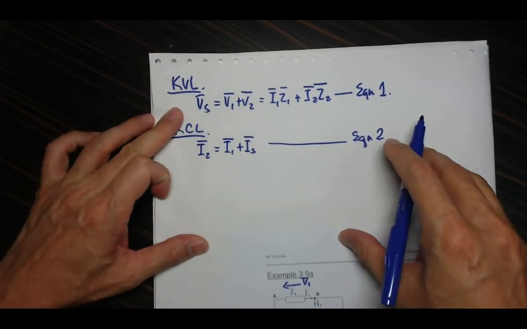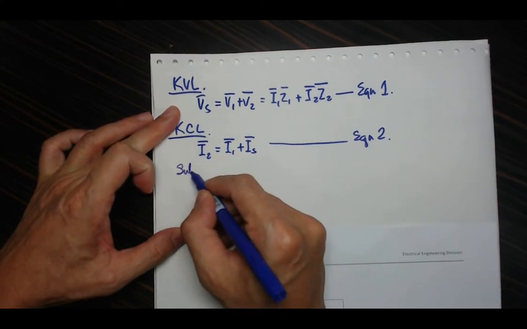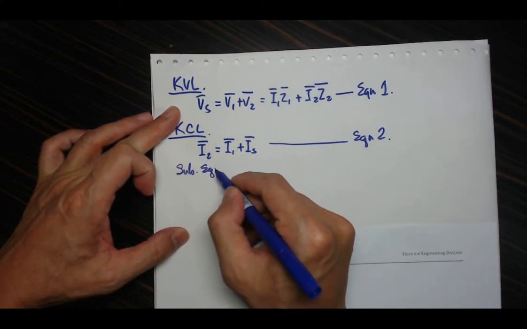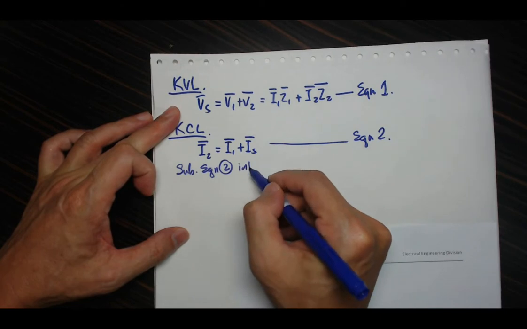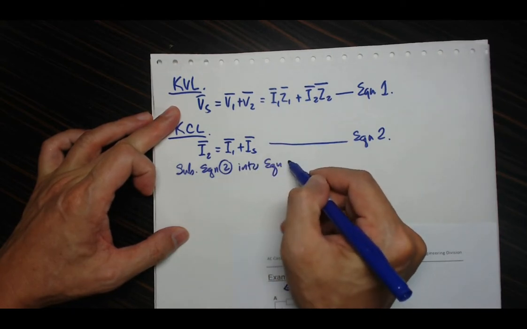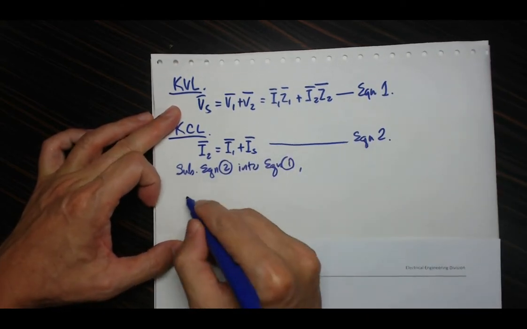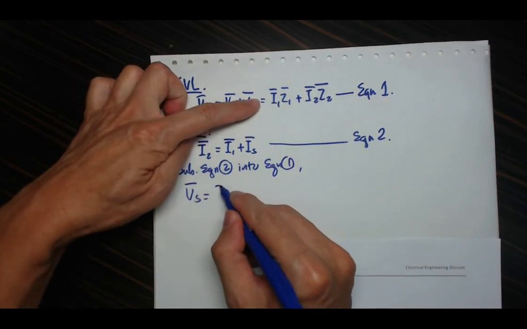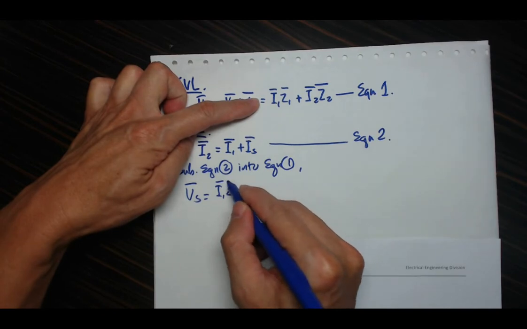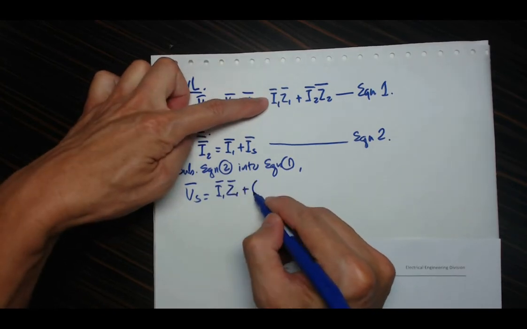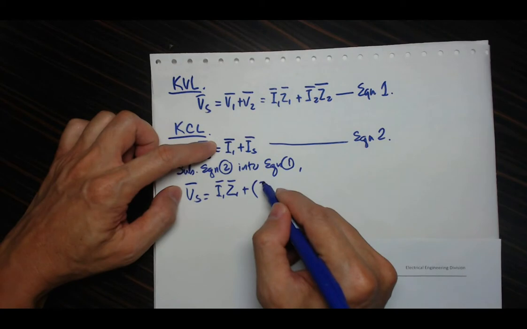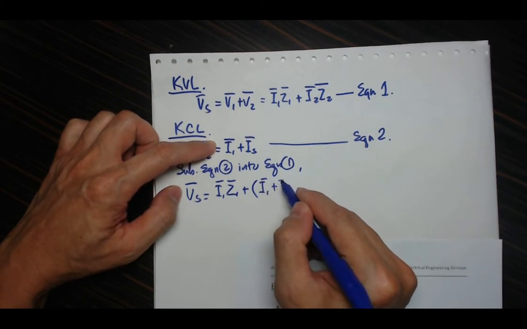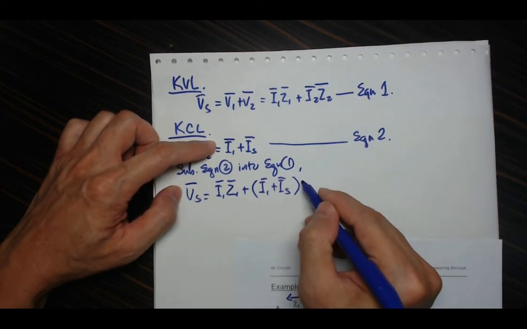So let's do that. That means substitute equation 2 into equation 1. I will have Vs equals I1 Z1 plus, instead of I2, I replace it with I1 plus Is, times Z2.